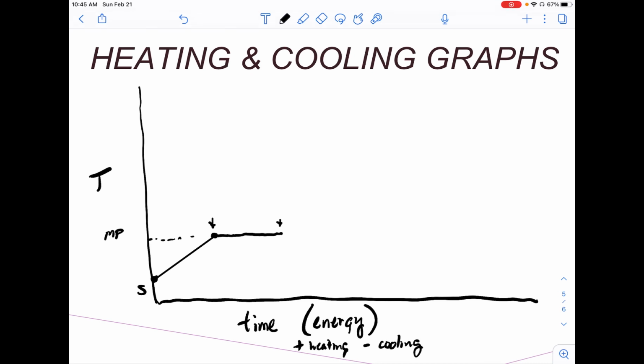The trick in the lab is that the temperature sensor may have been measuring liquid, or it may have been measuring solid. So as soon as the substance turns to liquid, that liquid can then continue to heat. So keep in mind that temperature is the average kinetic energy in a substance. And when you have a sample that is part liquid, part solid, the kinetic energies are not going to be even throughout that substance.